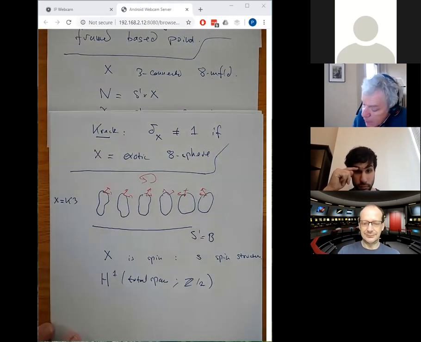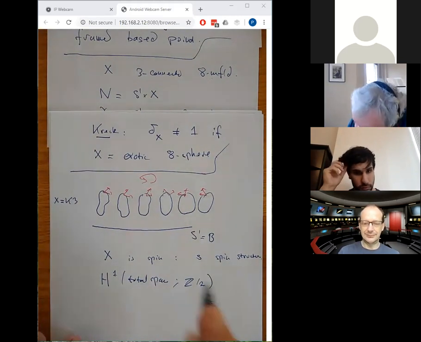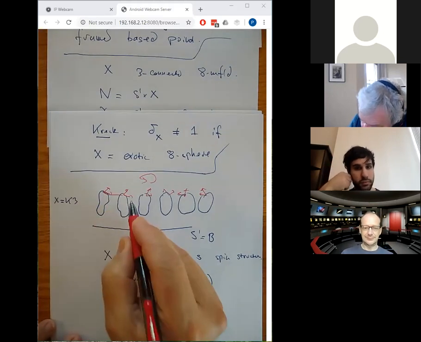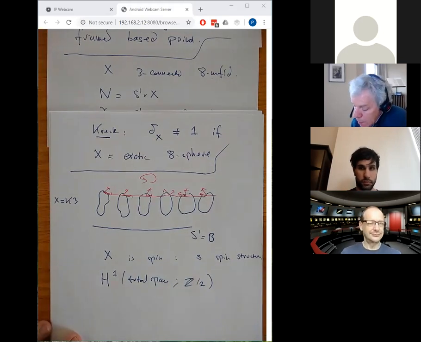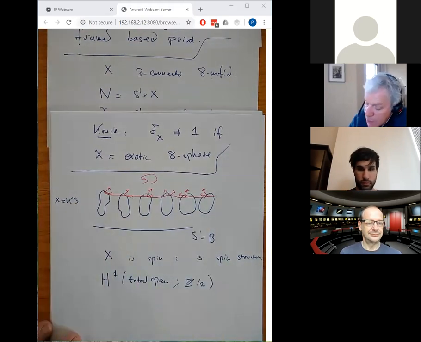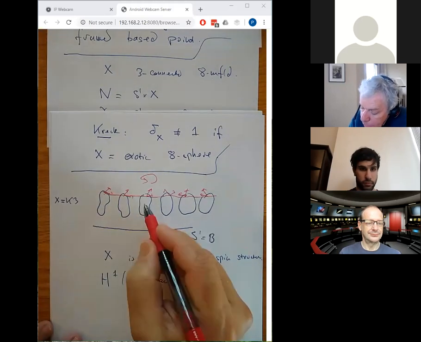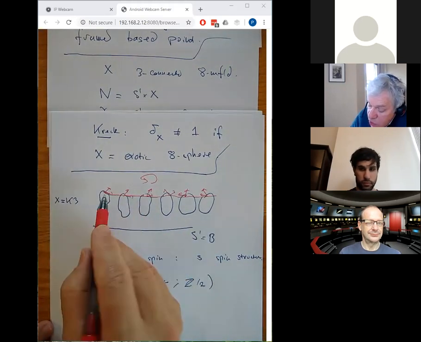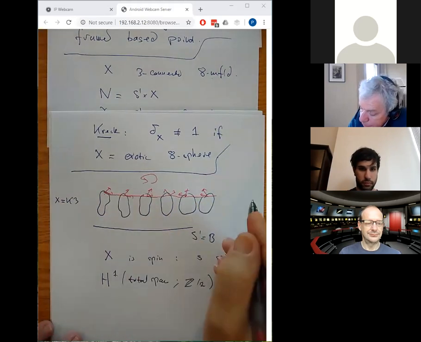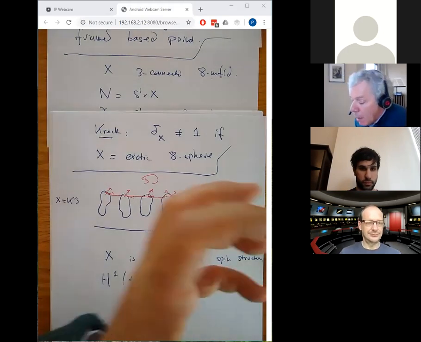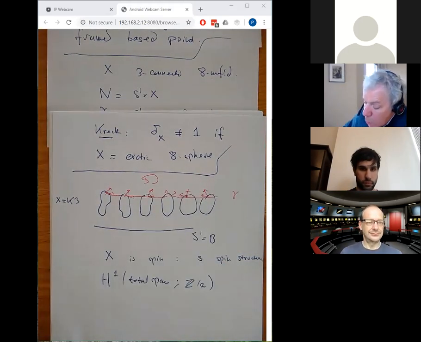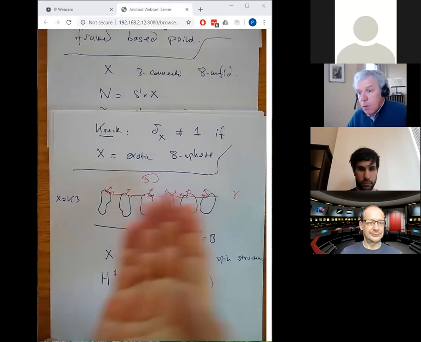To pick out a particular spin structure on the family, I can use a framing at this base point. The 2 different fiber-wise spin structures on the whole total space are distinguished by how they look in a tubular neighborhood of this curve gamma. This framing has trivialized the tangent bundle in the neighborhood of gamma. So once you trivialize the tangent bundle, you automatically get a lift to spin.